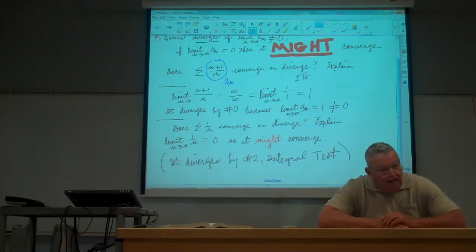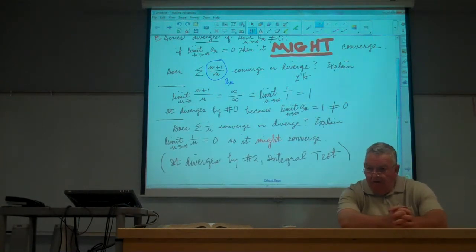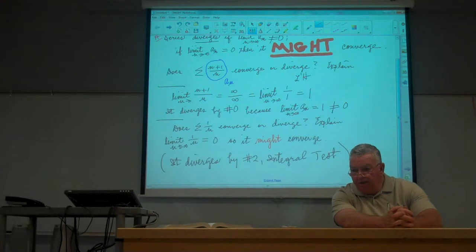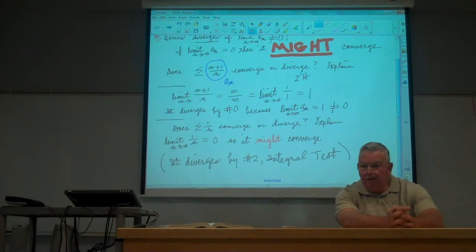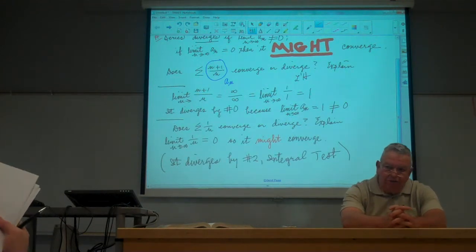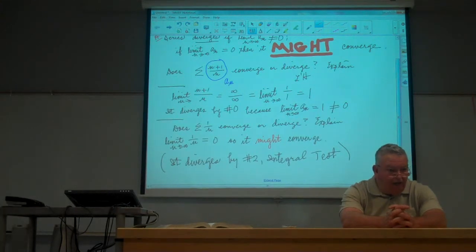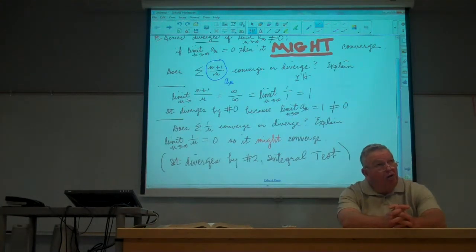If I were going to write down in my notes how to spot a geometric series, I would say a geometric series is one in which the next term is formed by multiplying the previous term by a constant. That's not high class math.